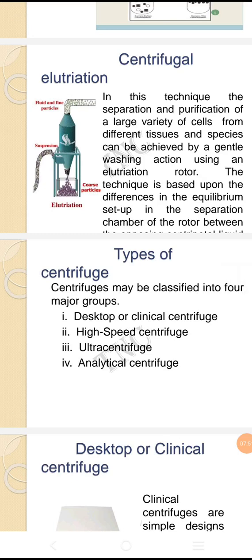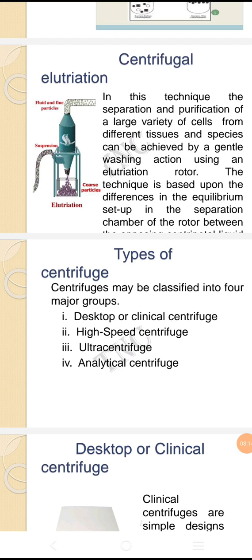The next type of centrifugation is centrifugal elutriation. In this technique, the separation and purification of a large variety of cells from different tissues and species can be achieved by a gentle washing action using an elutriation rotor. The technique is based upon the differences in the equilibrium setup in the separation chamber of the rotor.